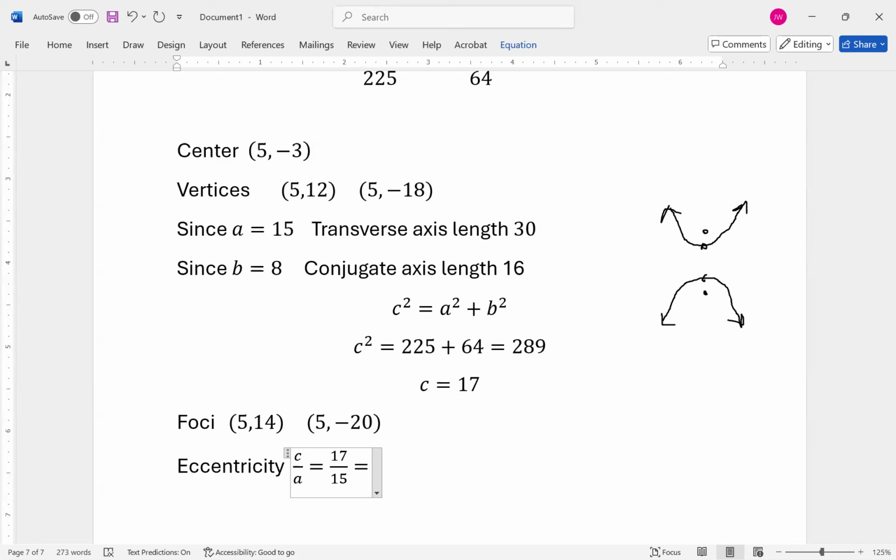I'll use an approximate value. An approximate value would be about 1.13, rounded. So that's the eccentricity in this situation.